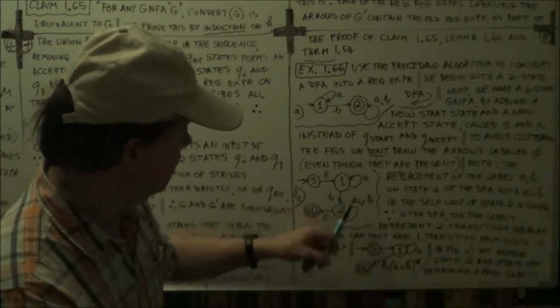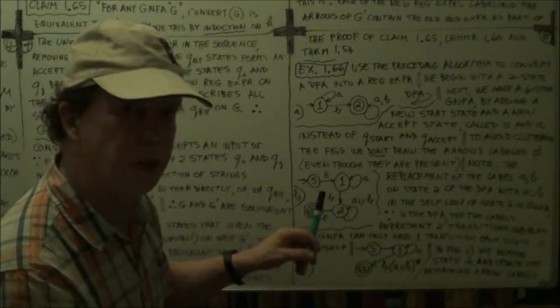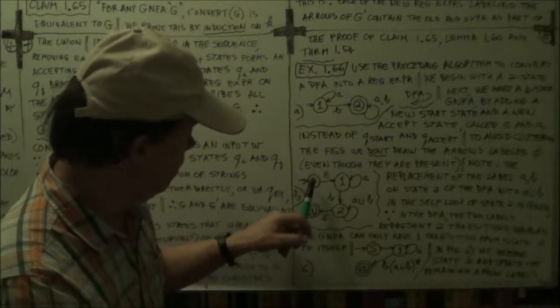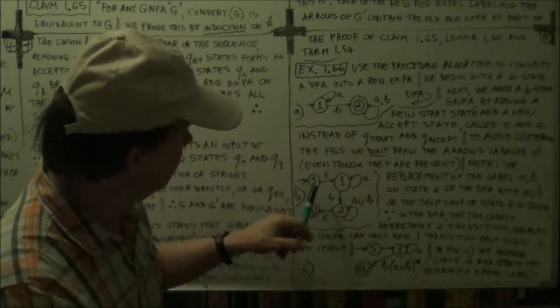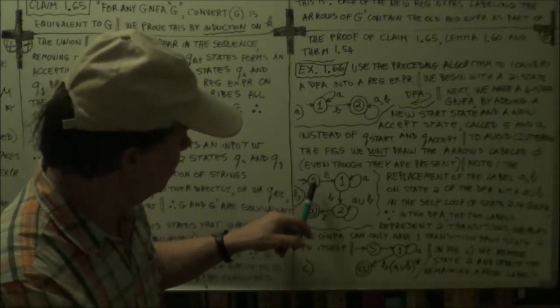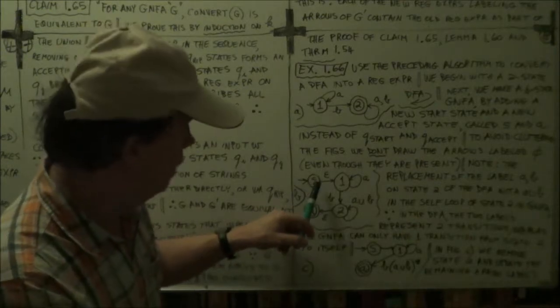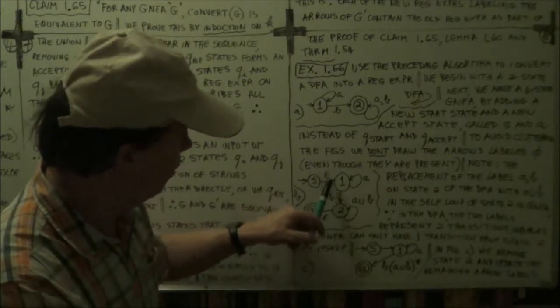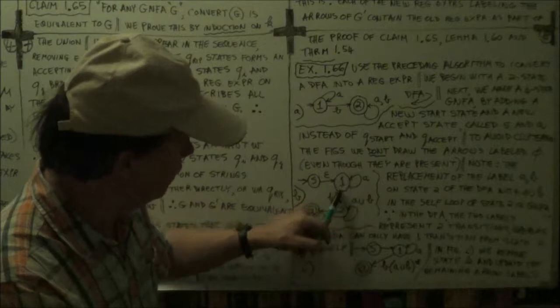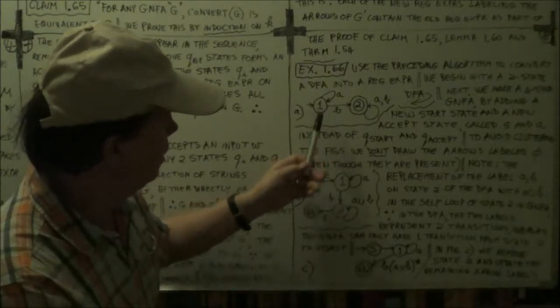Okay. And as usual, when you're creating your GNFA, you connect your GNFA start state with an epsilon arrow to the start state of your DFA, which was 1. Here's your starting arrow. So that's your start state in the DFA.